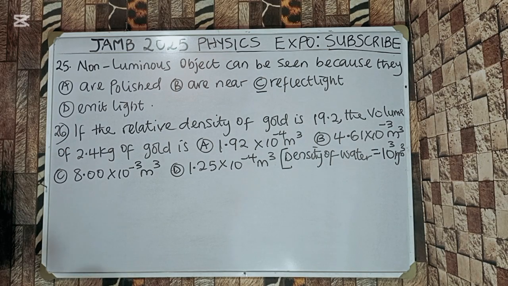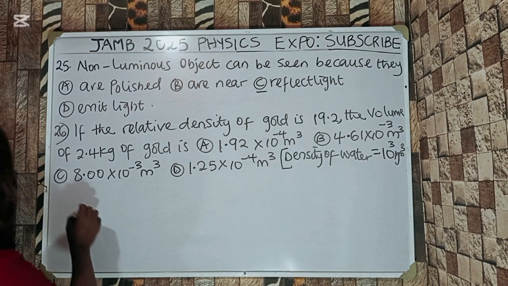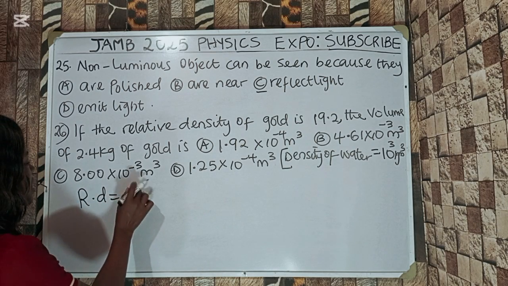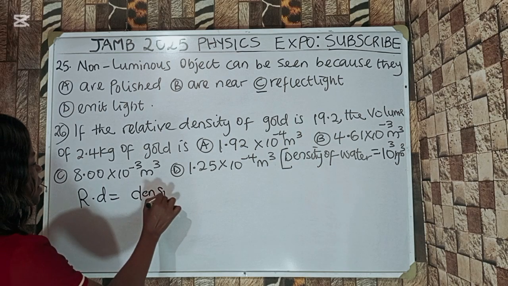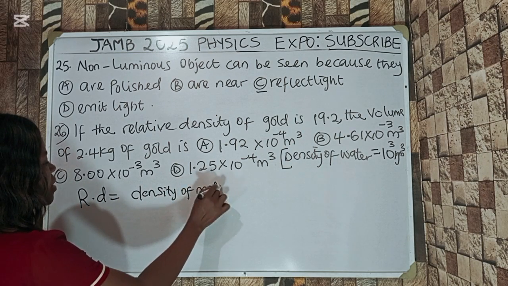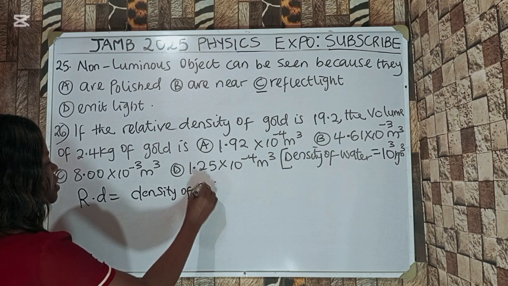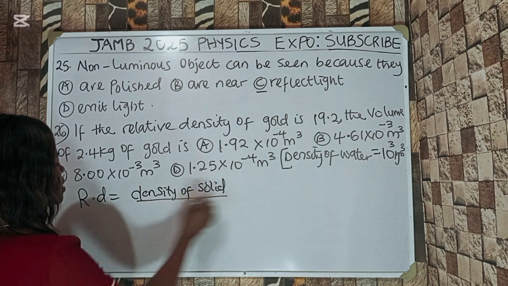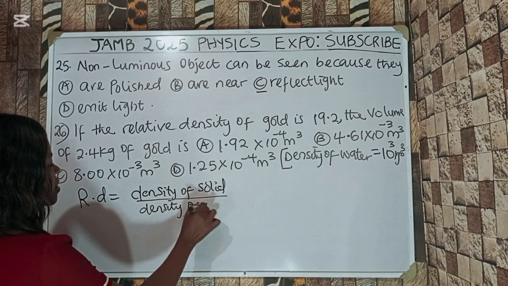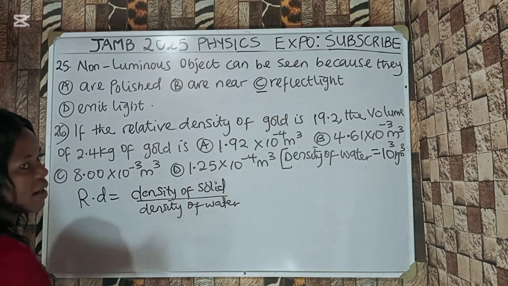Now looking at this question, we must ask ourselves, what is relative density? Relative density, RD, is equal to the density of metal or material, or let me say of solid, over what? The density of water, or equal volume of water, right?